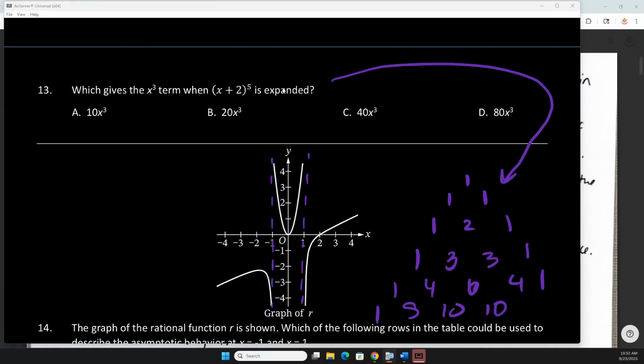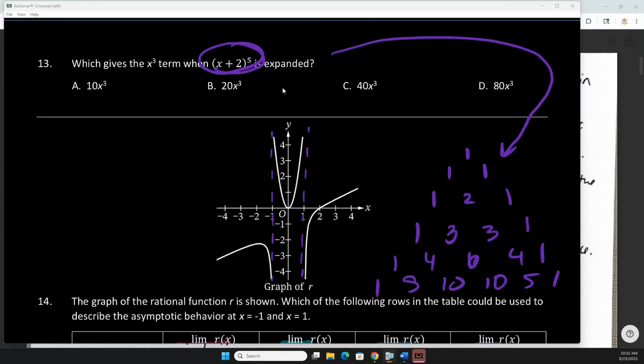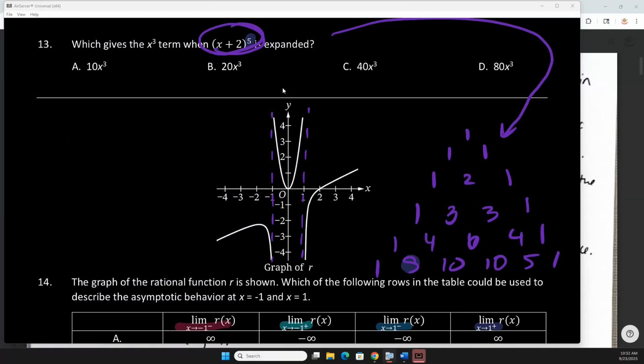How do I know when I need to stop for this problem I'm about to do right here? As soon as the second number is a 5, we're good. We're good to go. That's the one we're going to use. Okay. And then we only care about x cubed. And so what we would do is this very first one would be 1 times something x to the 5th.